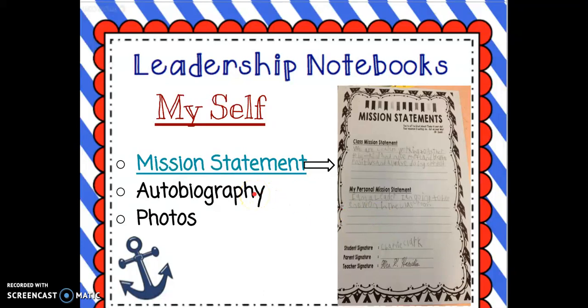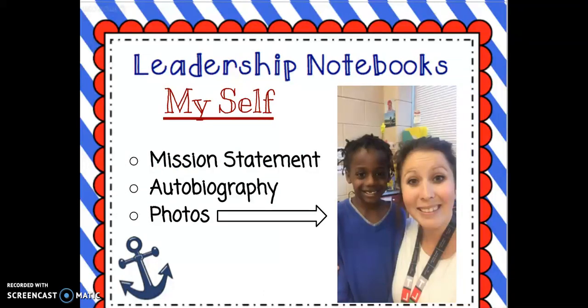Autobiography, again, this is going to look different pre-K to 5, but it can be any kind of project about that student, anything that you want it to be, that the student's proud of and that they want as the very first thing in their leadership notebook. And then the next thing are photos. So it could be a selfie of them and their teacher.